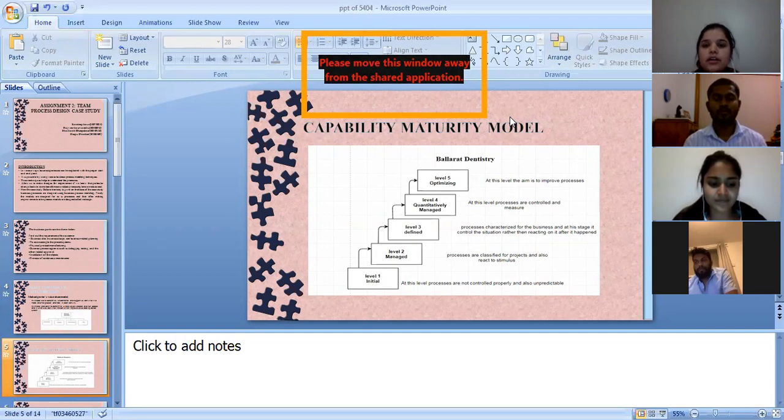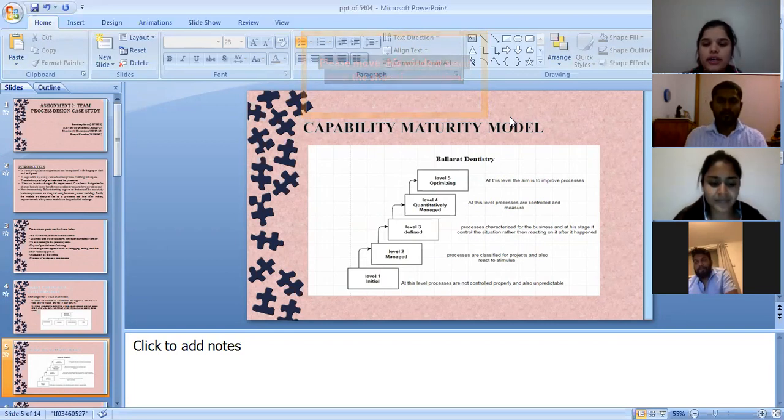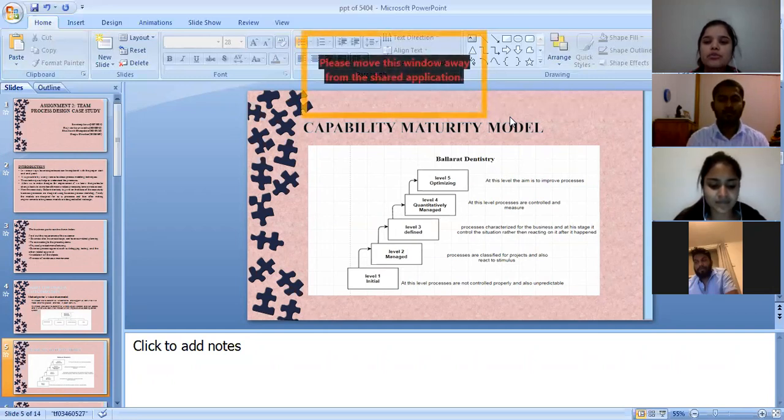At this level, there is more maturity, as the processes are well controlled and measured, like they are examined about their control. The topmost level is optimizing. At this level, the main aim is to improve the processes. If we relate it to the case study, the main purpose of this capability maturity model is to improve the processes by following these capability maturity models.